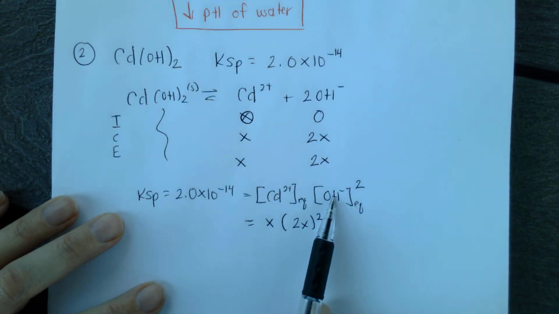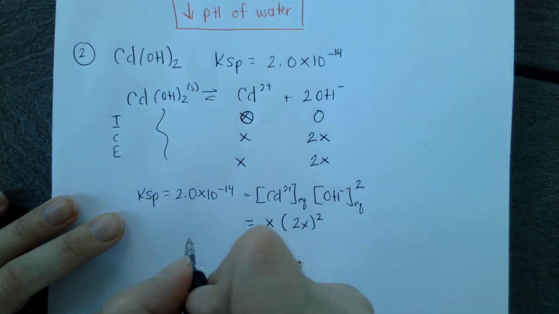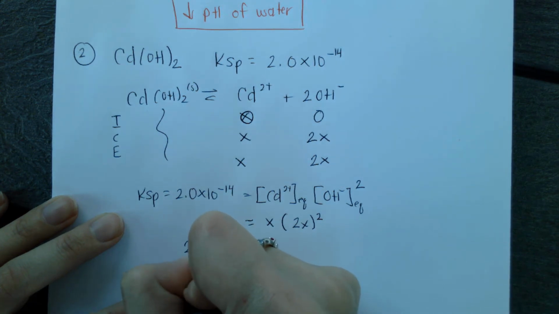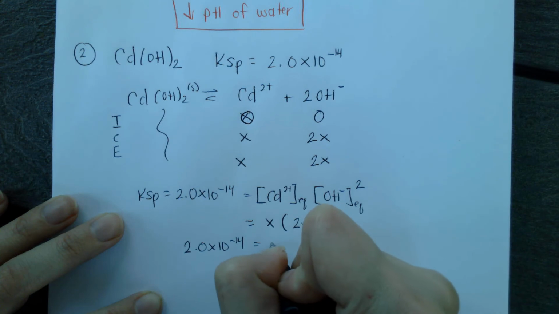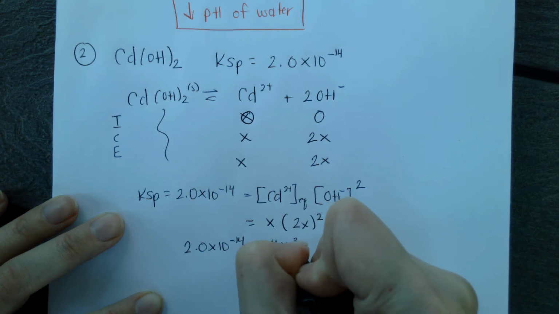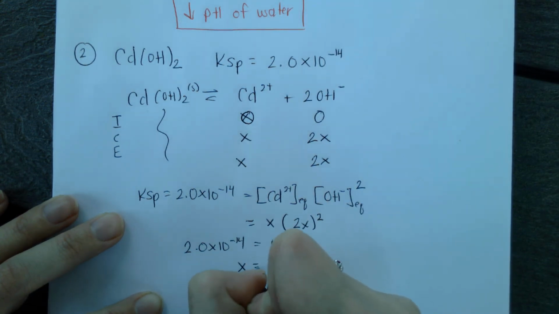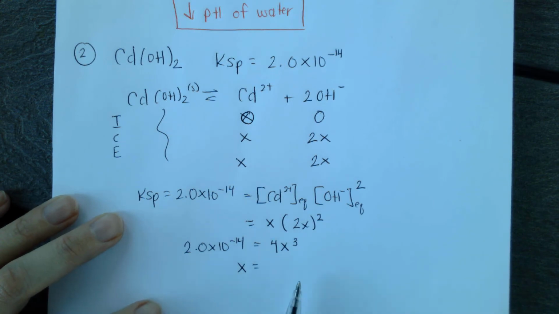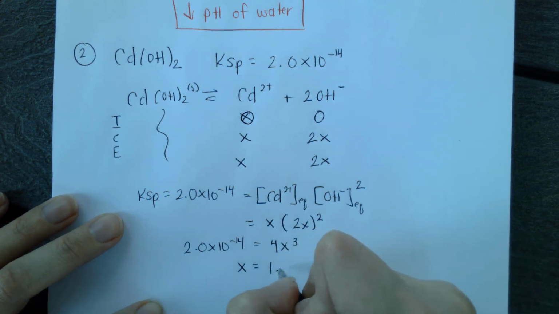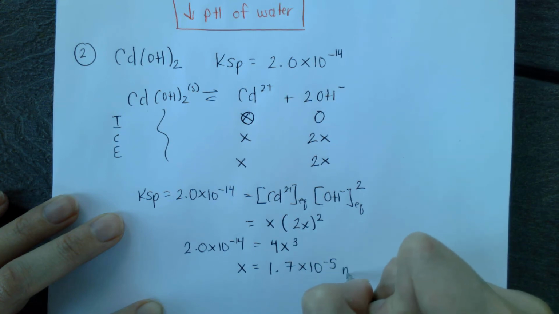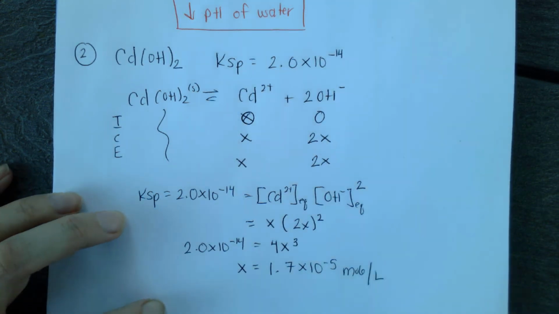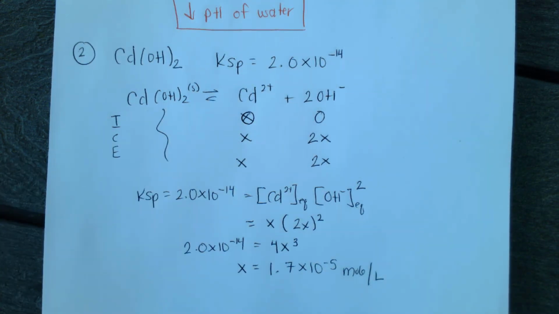So we get 2.0 times 10 to the minus 14 equals 4X cubed. If we divide by 4 and take the cube root, the solubility is 1.7 times 10 to the minus 5 moles per liter for cadmium hydroxide.